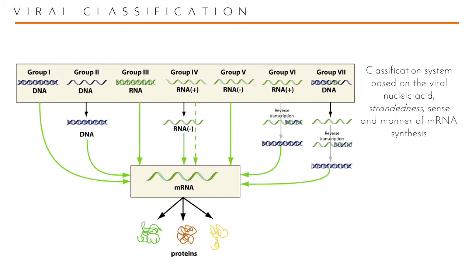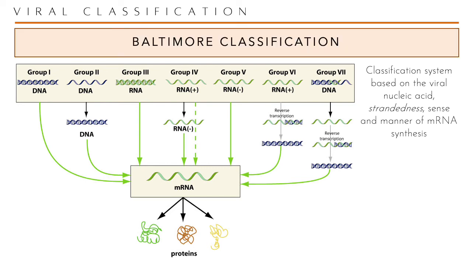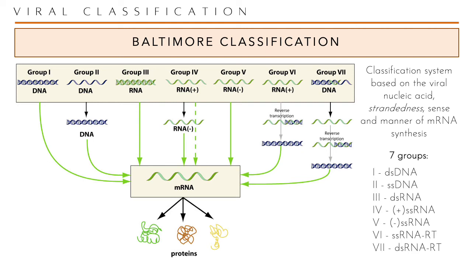This is what we call the Baltimore Classification, proposed in 1971 by virologist David Baltimore, and he divided the viruses depending on their nucleic acid, strands and sense, and came up with 7. Originally, there were only 6, but then the Hepadnaviruses showed a different behavior as compared to other double-stranded DNA viruses. So they established a 7th group.